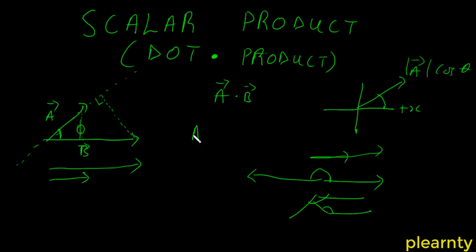So when you say A cos phi, it will give you what A would be on B axis.